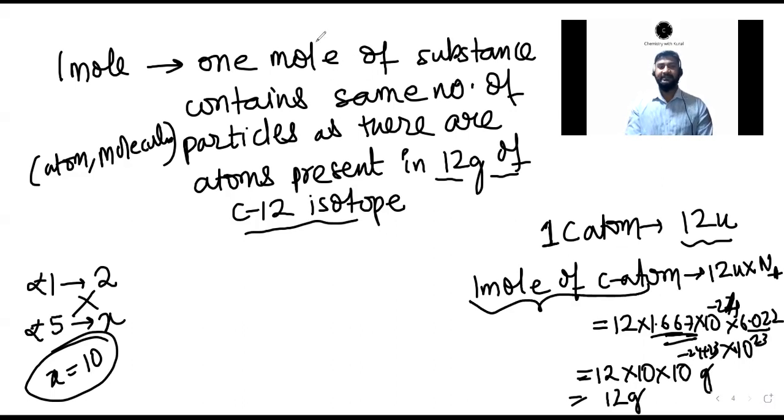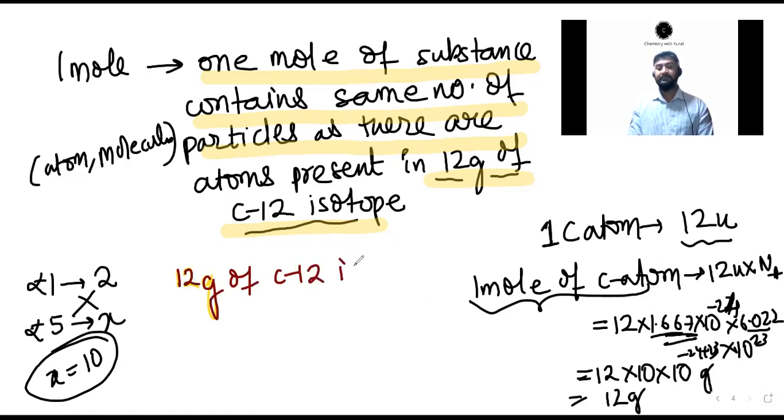So they're saying it contains the same number of particles as there are atoms present in 12 grams of C12 isotope. So how many atoms do we have in 12 grams of C12 isotope? Yes, 1 mole of particles or 1 mole of atoms.